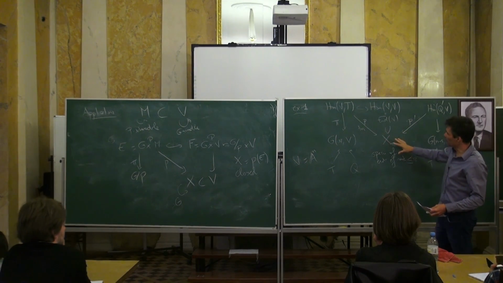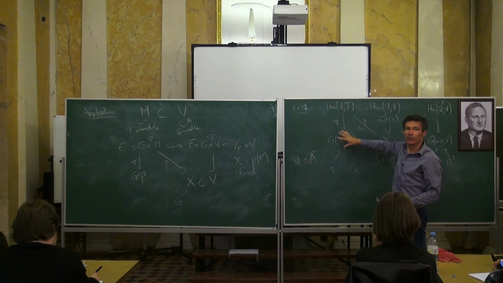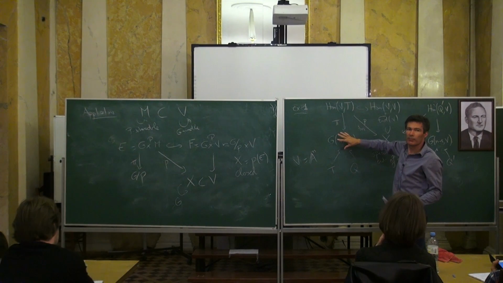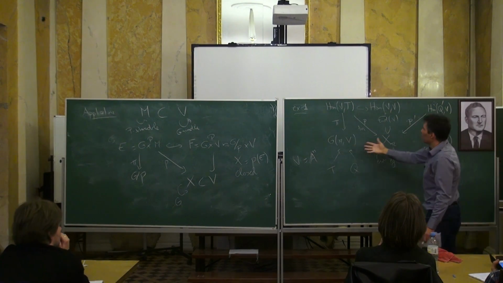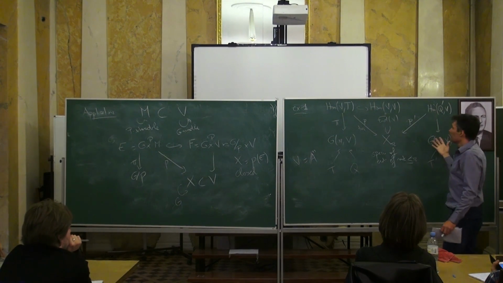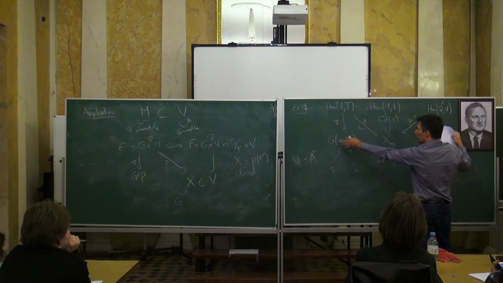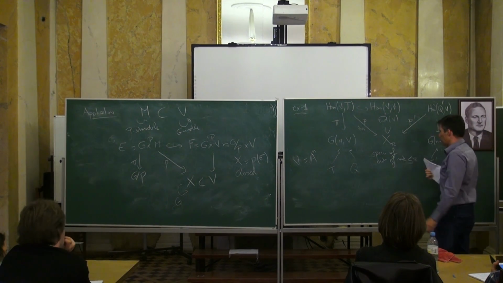So singular object, but which has a very nice resolution of singularities by something which is very simple, just a vector bundle over a Grassmannian. And the nice ingredient is that we have two natural ways to do that. And so there will be a birational isomorphism between these two smooth varieties, and this is called a Mukai flop.